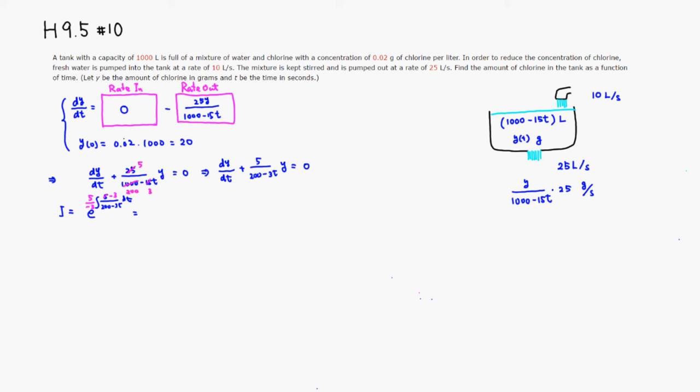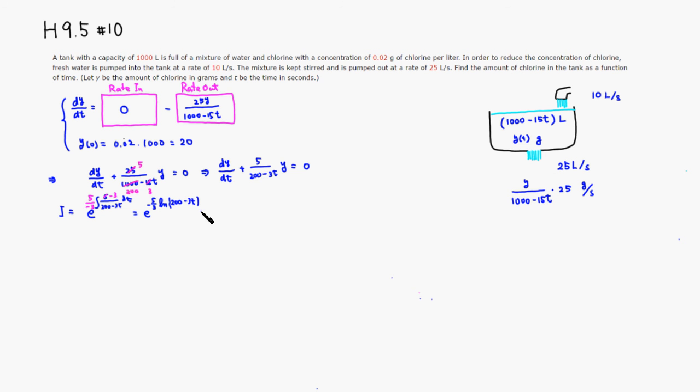So we get e to the negative 5/3 times the antiderivative of negative 3 over 200 minus 3t, which is the natural log of 200 minus 3t.